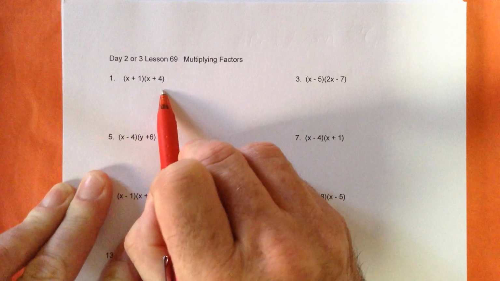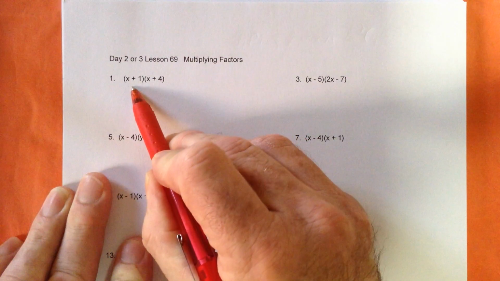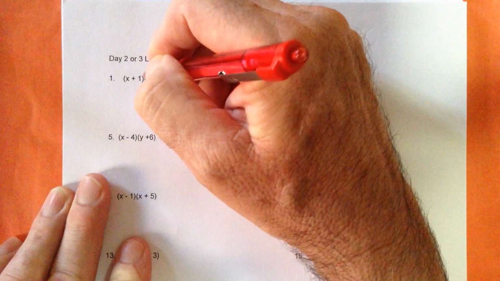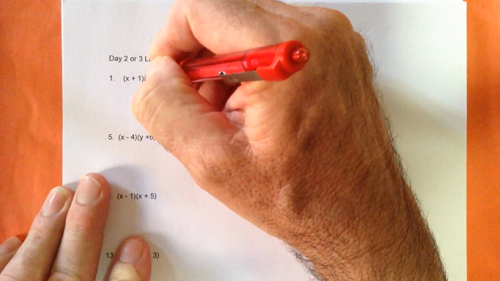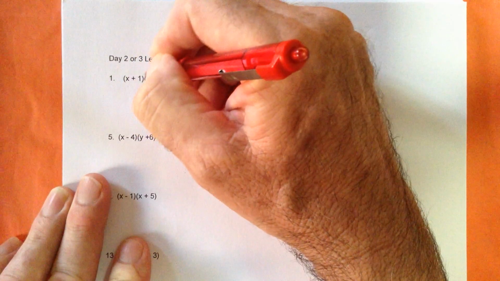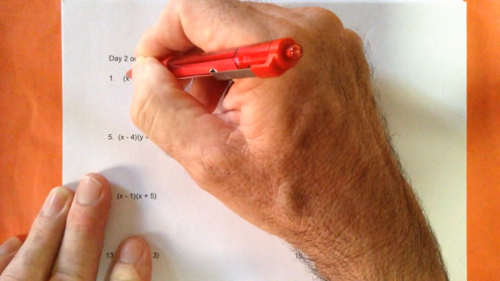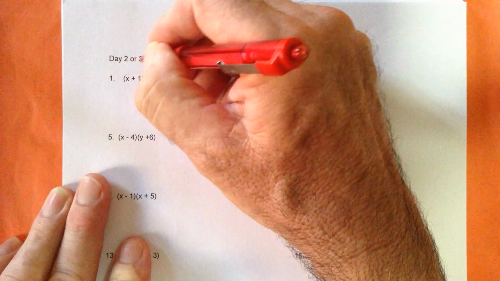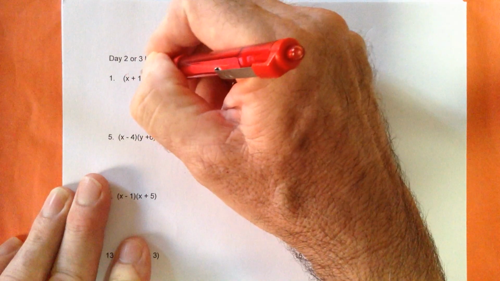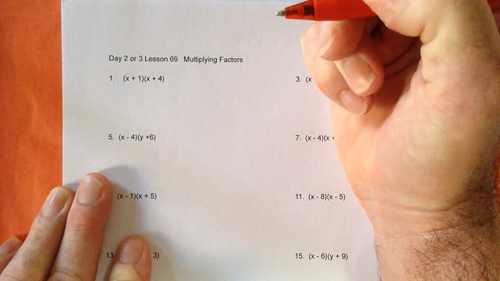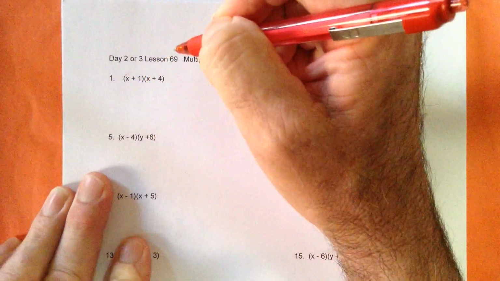x plus 4. So it's just like lesson 57 where I have to multiply these two. So you have to FOIL, they call it, or distribute to each item in the parentheses.